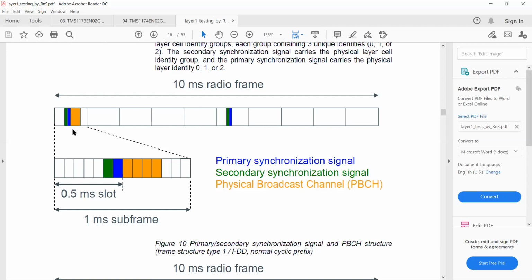If we divide by 2, we get 0.5 and 0.5, each making 1 slot. As per 3GPP specifications, a time slot can accommodate only 7 symbols maximum. So that's why we have 7 OFDMA symbols inside one time slot.